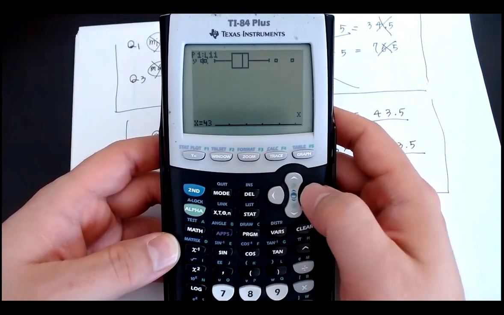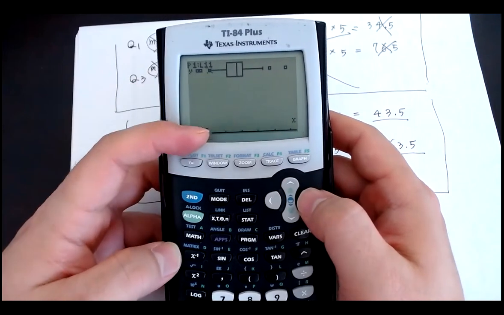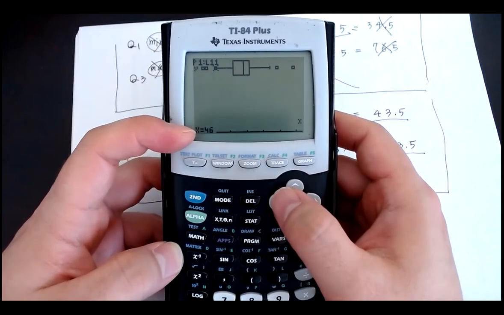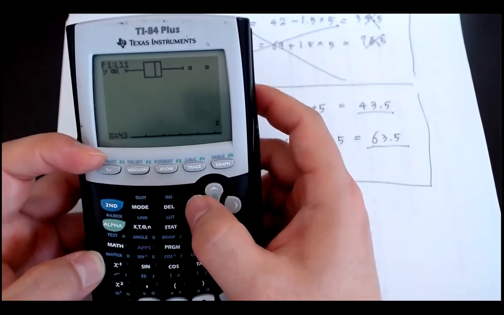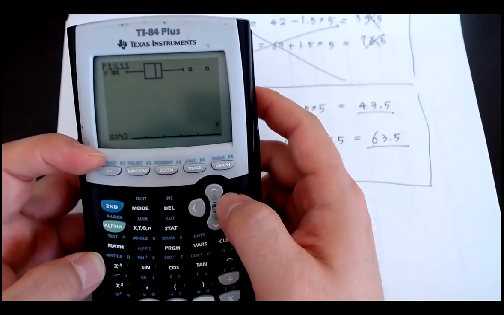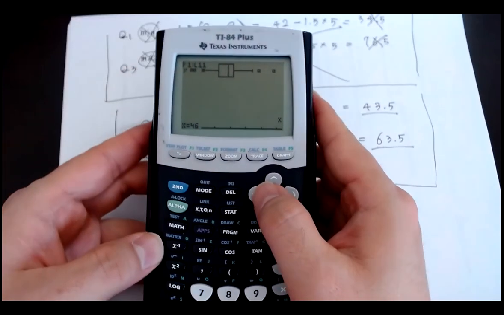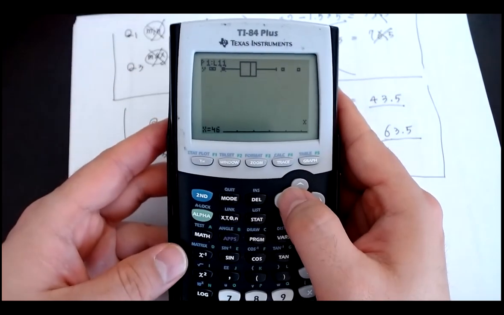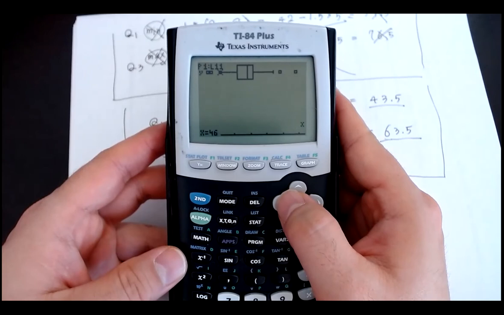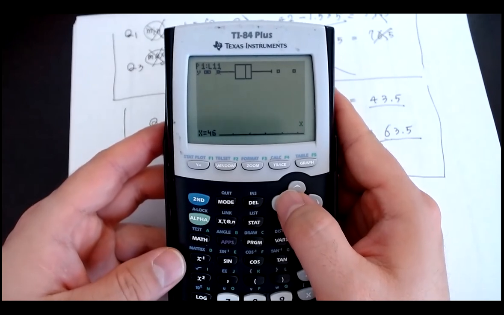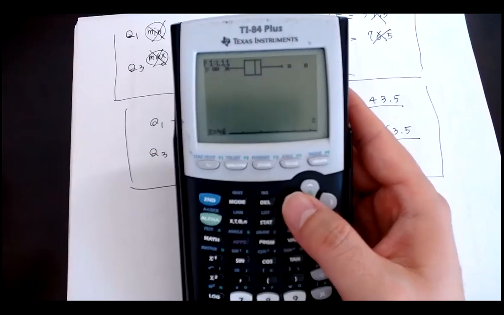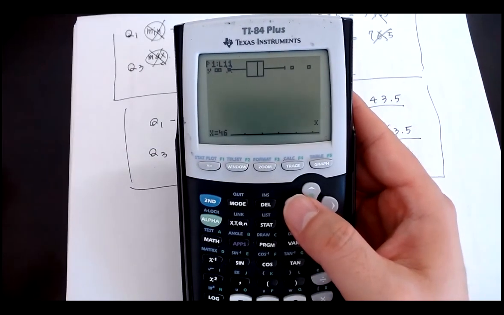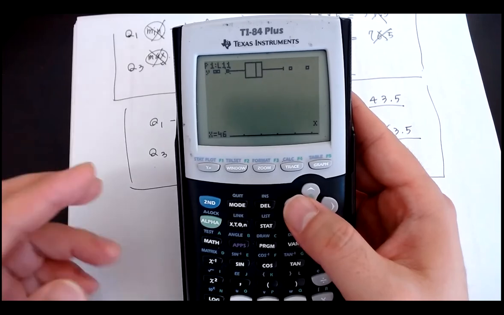Then the 46 here, and then it's 43 and then 42. So 46 is the minimum value, I mean the minimum value within the range of Q1 minus 1.5 IQR and Q3 plus 1.5 times IQR.